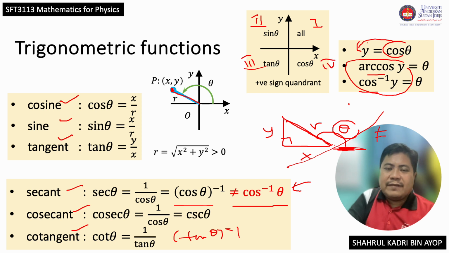If the value of theta is in this quadrant, only sine theta will give you a positive value and the others will be negative. Only in the first quadrant will all of these values be positive.